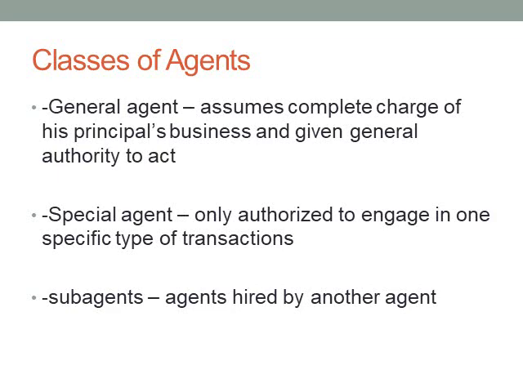Then we have subagents, and subagents are agents hired by another agent. Basically they can't do that without the principal's consent, but we do have this subagent category in the event that the principal hires an agent to do work, and that requires that agent to hire other agents to help in doing that work. With the principal's consent, they can do so.